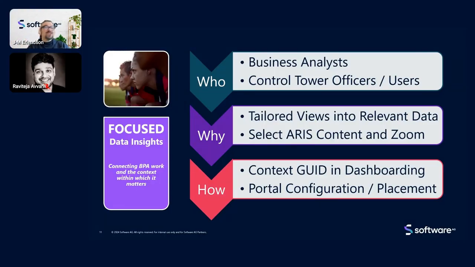I create a dashboard. I'll give you a good example. I worked with a customer a couple years ago where they were really concerned about risk coverage, as in, on my models, I portray risks. Some of those risks have controls attached to them, and some of them, well, they don't have controls yet. And we want to understand overall in the company which risks have controls, what my percentages of coverage are.